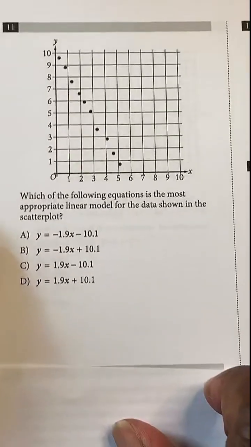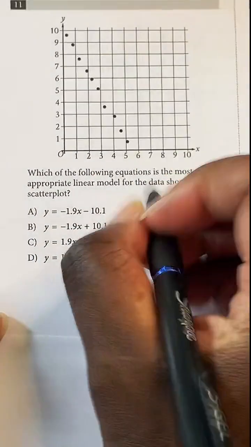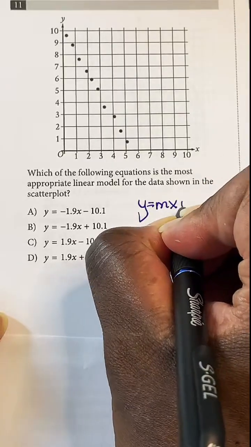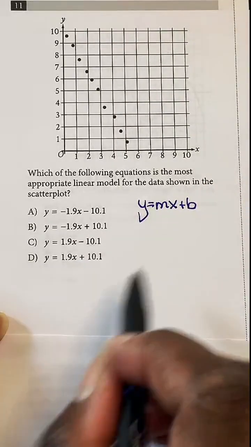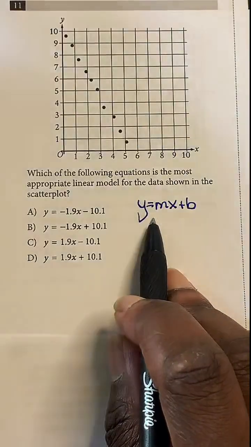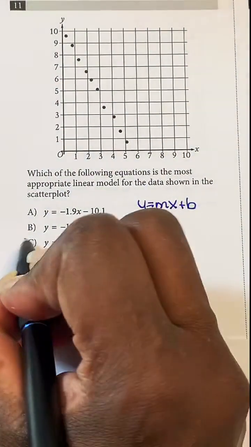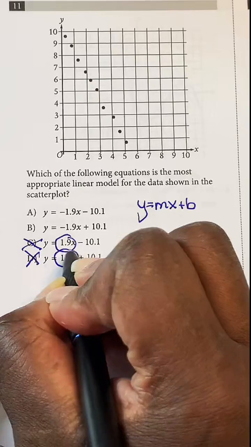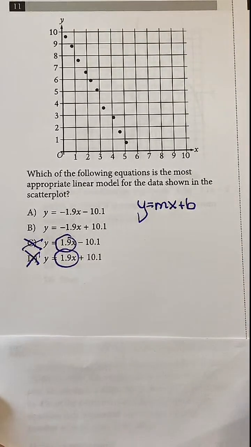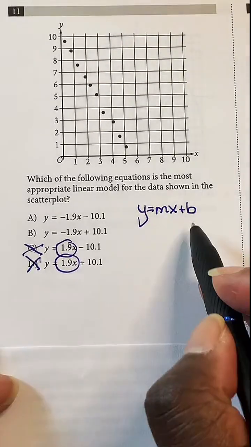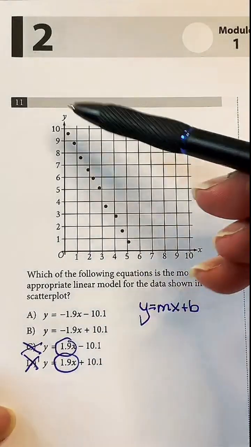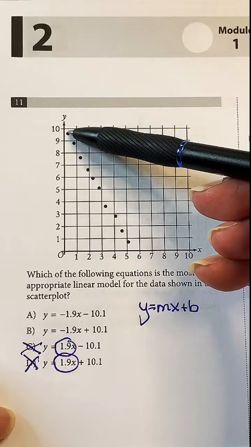So remember we were talking about the equation of the line? Y equals mx plus b. The m is our slope. So right away, C and D are gone because both of them have a positive slope. Now, the y-intercept, the b, is where it crosses the y-axis.